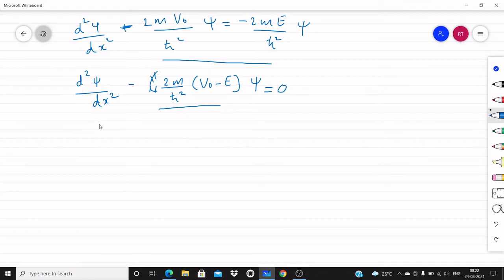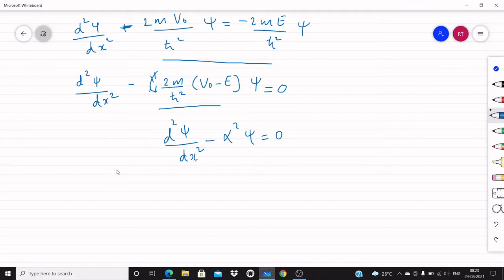So rewriting this, d square psi by dx square minus alpha square psi is equal to 0. This is the modified version of our Schrodinger equation in the case when the particle has energy less than the potential.